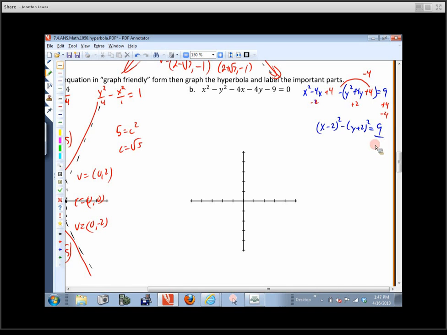Divide by 9. Why is this one unique? Is this a circle? It's still not a circle. It looks like a circle. If you stopped right here, it would have looked a heck of a lot like a circle.